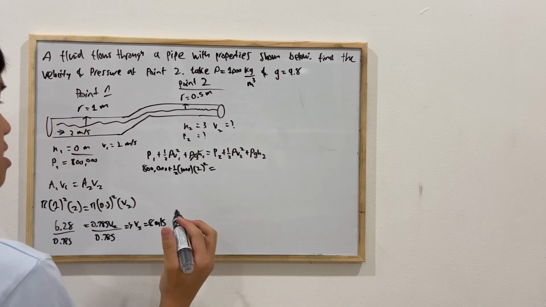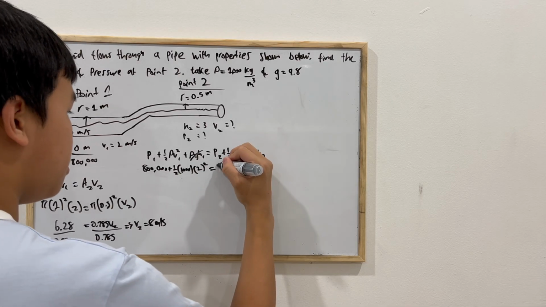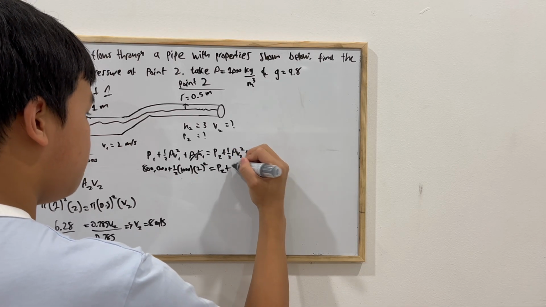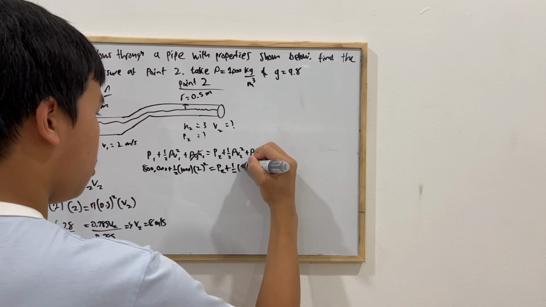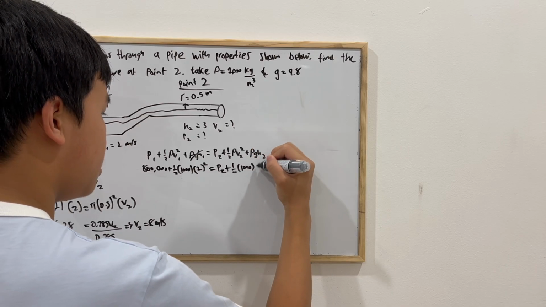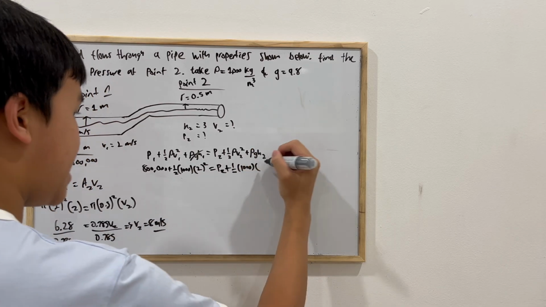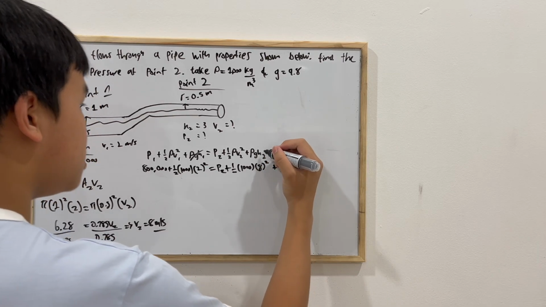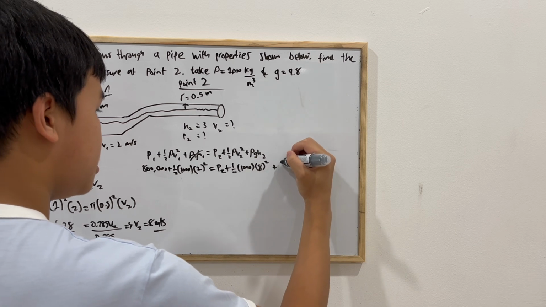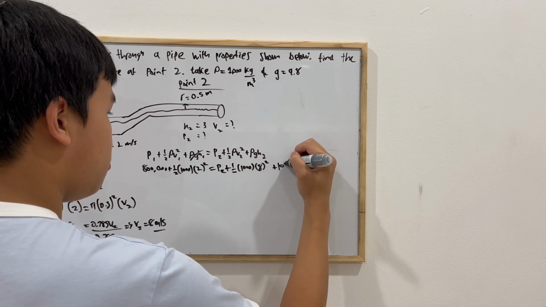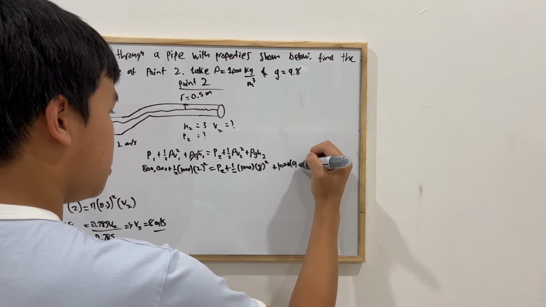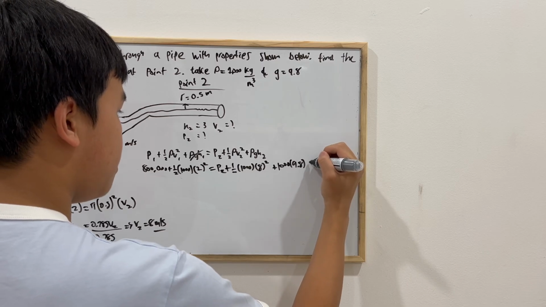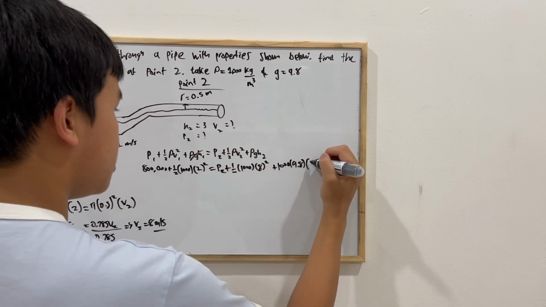So pressure at point 2, we don't know, that's what we're trying to find, plus 1/2 our density, which stays the same, times our velocity, which we got was 8, squared, plus, and this we do have a height, so we do have to calculate this: the density, 1,000, times the gravity, 9.8, times the height, which is 3.